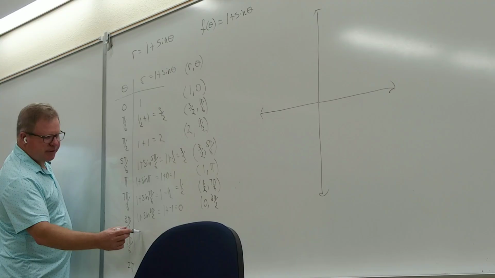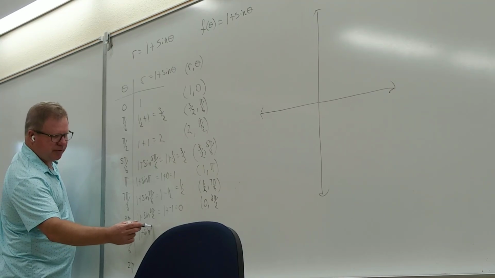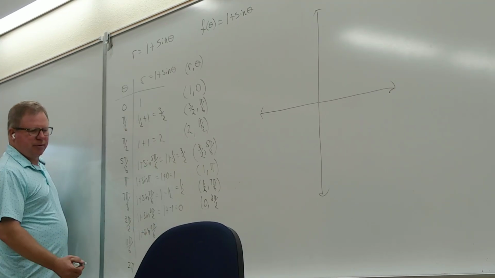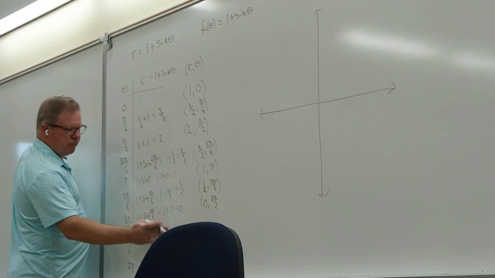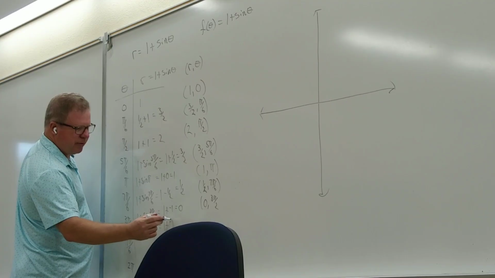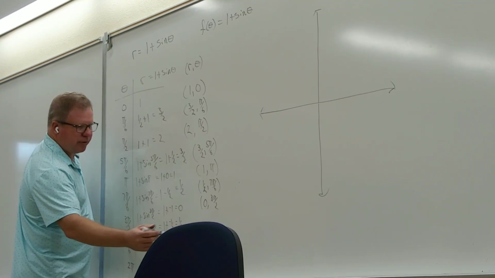Okay, 11 pi over 6. Negative a half. Good job. Oops, 1 plus negative a half, which is 1/2.